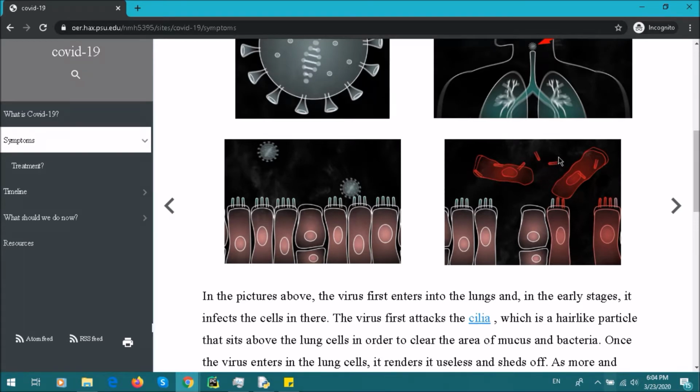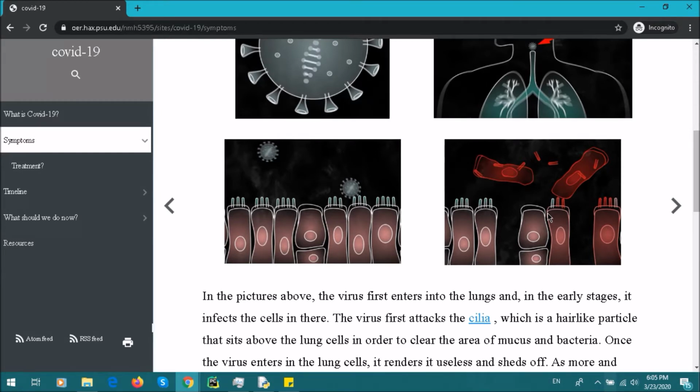So basically, once this virus attacks the cilia, it will go into the lung cells, damage them, render them useless, and from there it'll just shut off more and more of your lung cells. And as that is happening, there will be a lot of buildup going on, which is why one of the main symptoms you'll experience with this virus is dry cough.